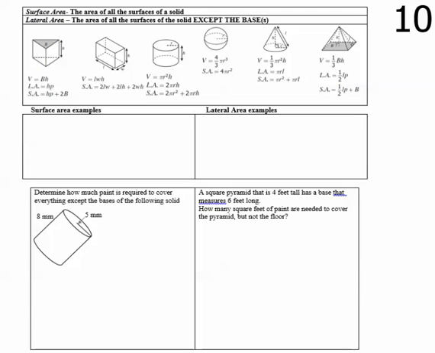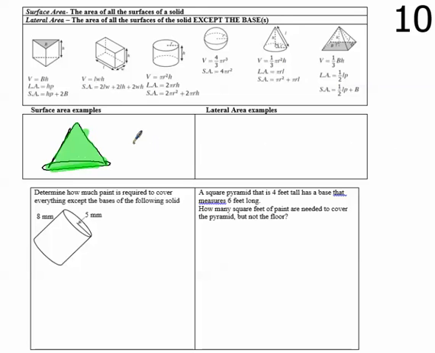Okay, surface area examples, let me draw a few pictures. So let's say we have a cone maybe. Surface area would be if I wanted to cover this whole thing. So the sides, I want to paint this same beautiful green, all the sides, the whole way around it and this bottom.